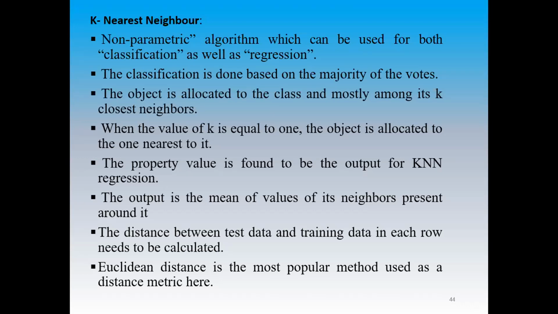Based on the distance values you calculated, if k is set to 3, you will rank them. Ranking is based on the distance having the least value. The one having the least value is given rank 1, the next least value is given rank 2, and the next least value is given rank 3. Based on that, you make the classification whether they fall into class 1 or class 2.